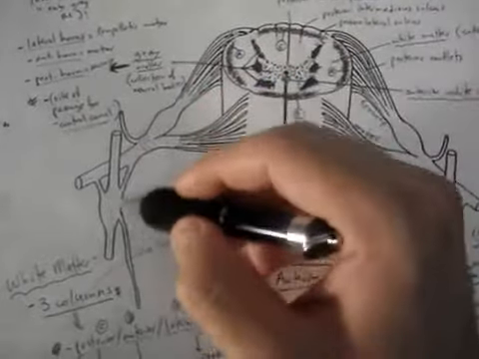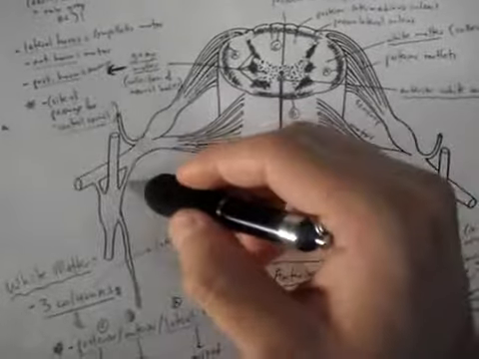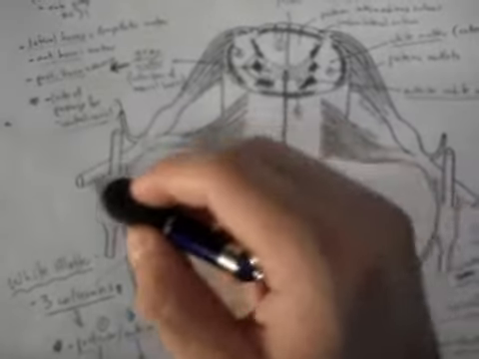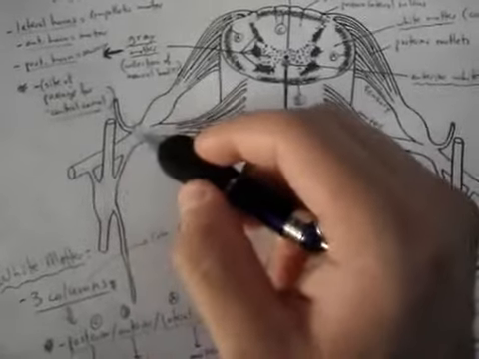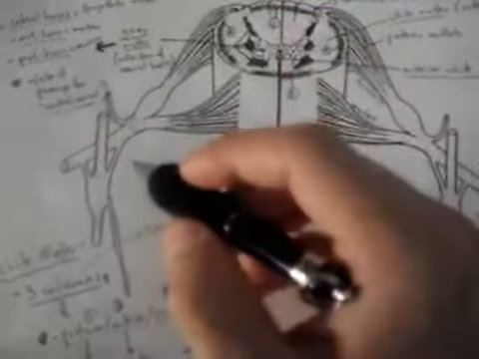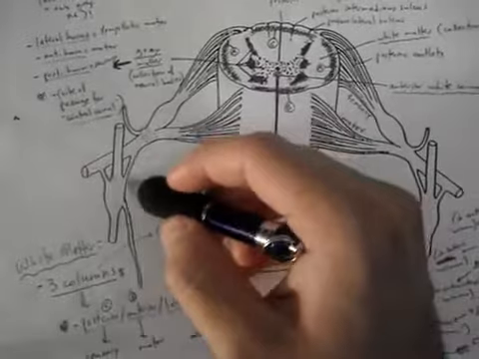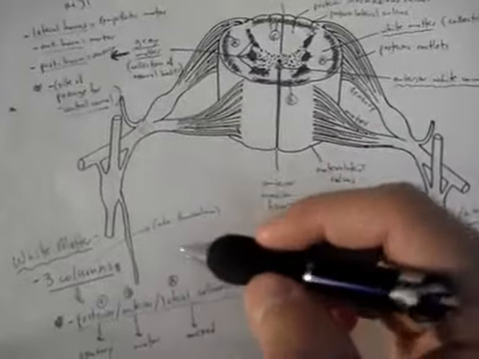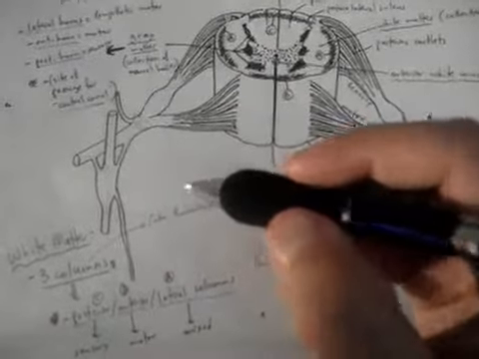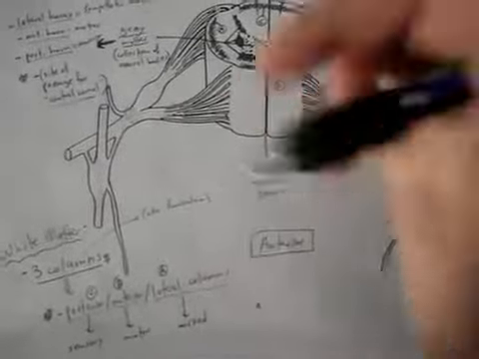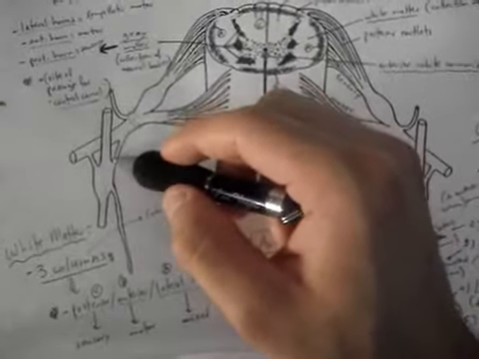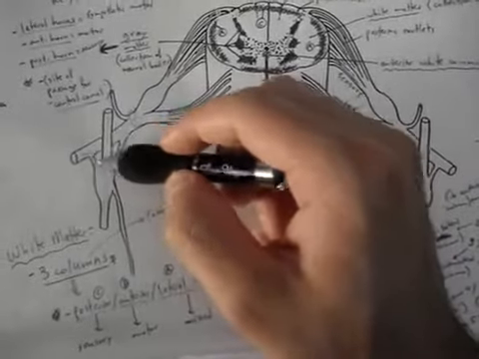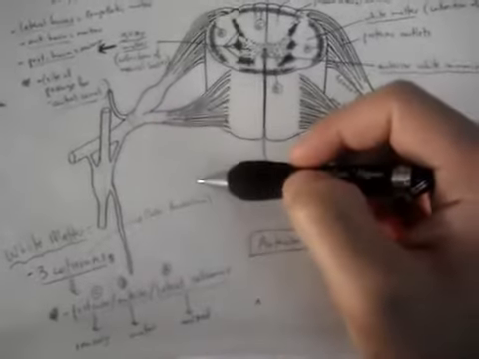Okay, and now these sympathetic trunks, they have two connections, and they connect to the anterior primary ramus. So there's your posterior primary ramus, anterior primary ramus, and you can tell the rest here. The two connections are called the gray and white rami communicans. The one most medial, that's the white ramus communicans, and the one lateral is the gray ramus communicans.